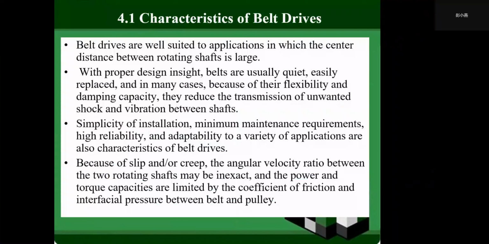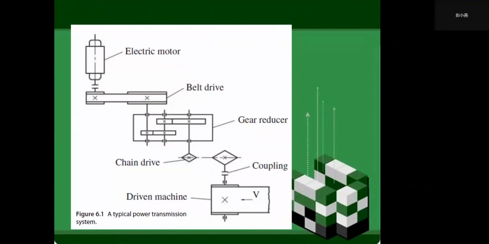Belt drive is one of the major types of flexible drive. Belt drives are usually used when the distance between rotation shafts is large. In a power transmission system, belt drives are usually used at the first stage or high-speed stage for the power source.